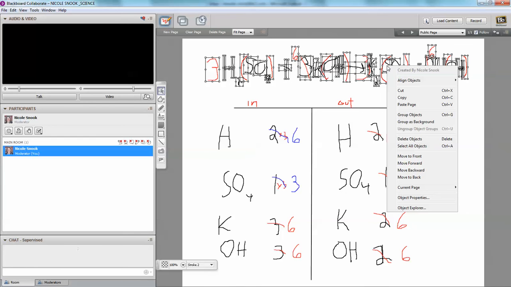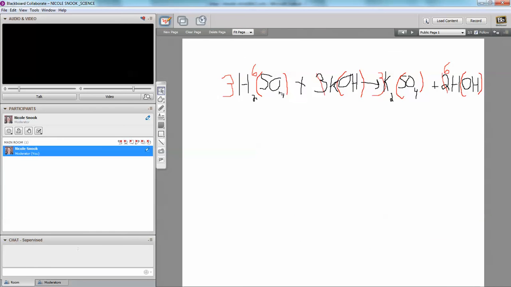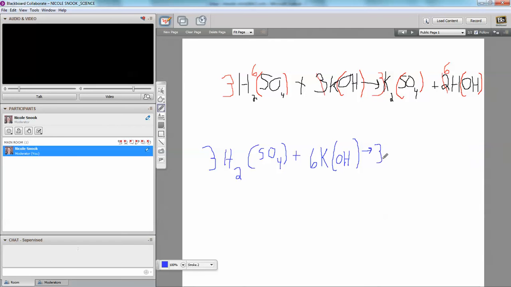the balanced equation, let me copy this and move it to a new page so we can look at it, is going to be 3H2SO4 plus 6KOH goes to 3K2SO4 plus 6HOH.